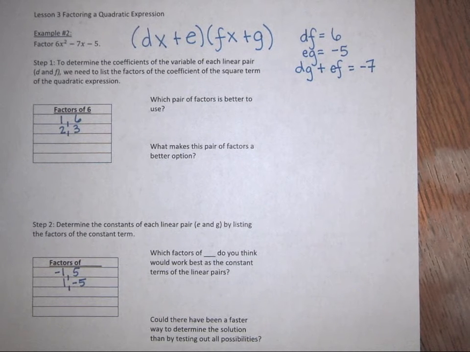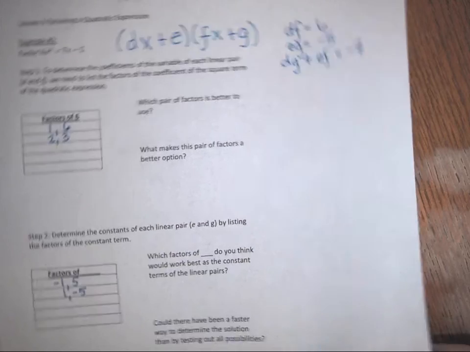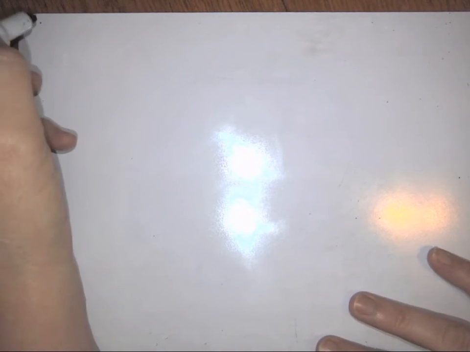You can go ahead and star them while I move over to my whiteboard so I can write a little bit larger for you all to see. You can go ahead and take your notes right on the paper. So again, we're going to be going through our list to see which pairs make the most sense.